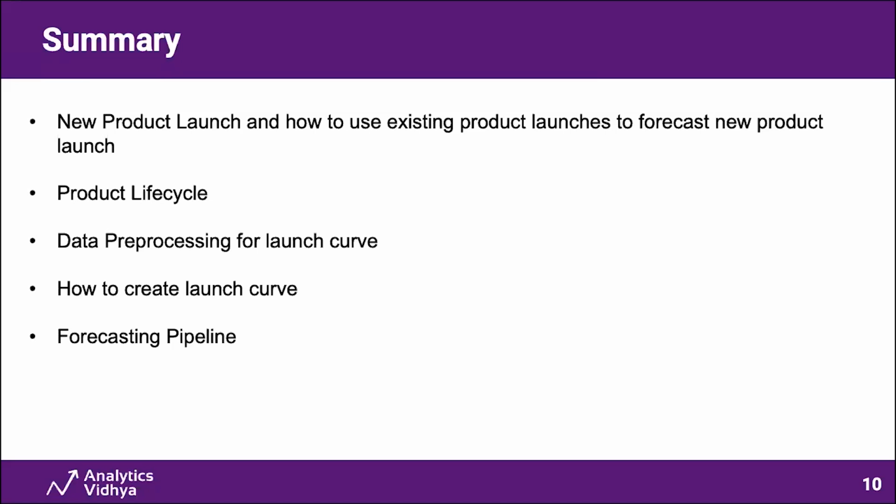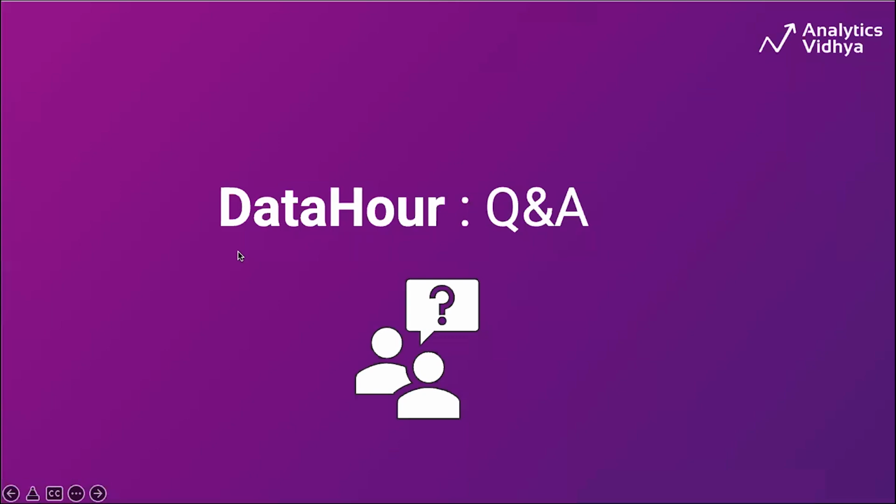We've also seen the product life cycle, what it is, how it looks, and how it is critical and useful for us. We have also seen data pre-processing specific to this problem statement for creating launch curves, then the steps to create a launch curve, and in the end the forecasting pipeline, how it looks like. So that's all I had to present today, and now I'm open for Q&A.